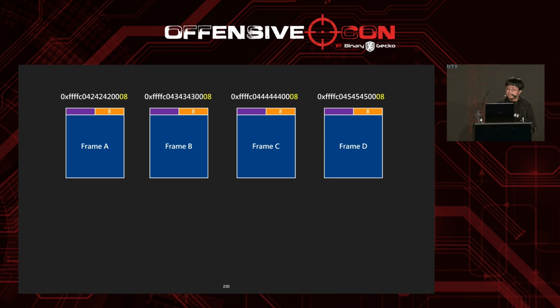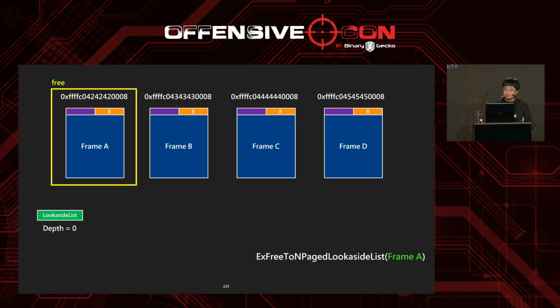After that, the allocator gives us 4 buffers, A, B, C, and D, all of which have addresses ending in 8. When these buffers are freed, Cache releases them one by one and inserts them into the Lookaside list in order.